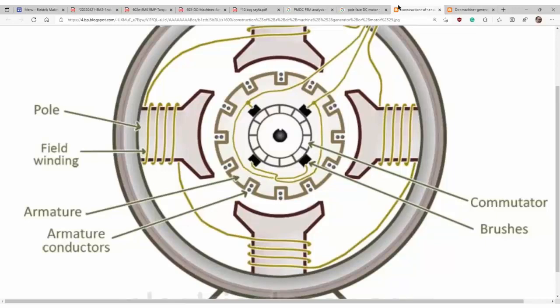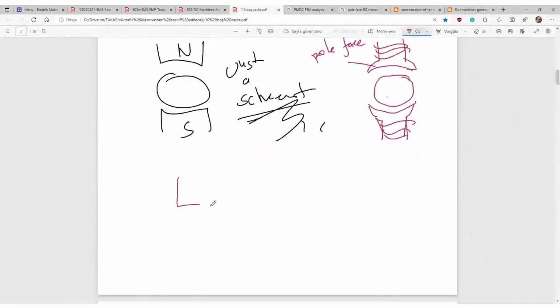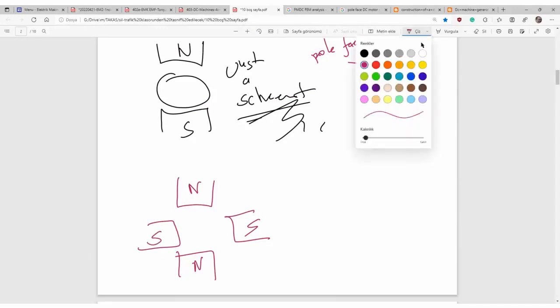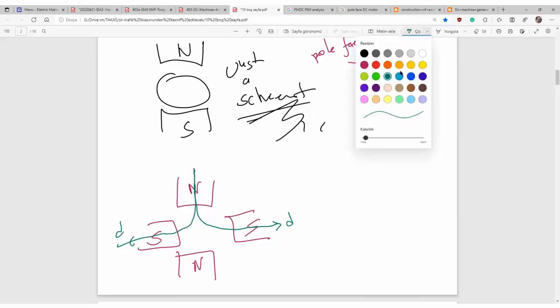In a 4-pole machine, let's say here are 4 poles, N, S, N, S. So the D axis is the axis from N to S. That is the D axis, not a curved axis, from N to S. And here is the quadrature axis.